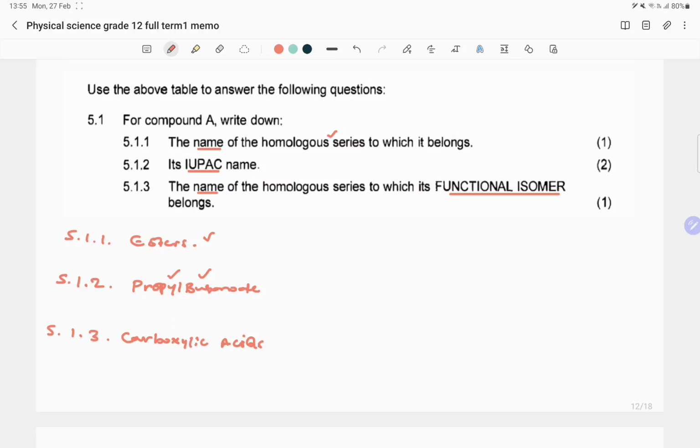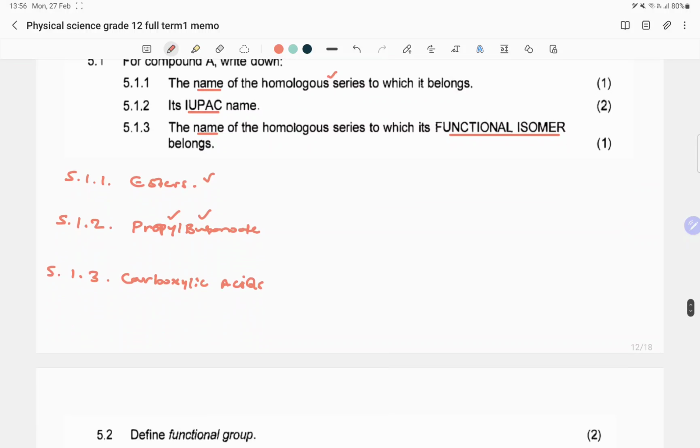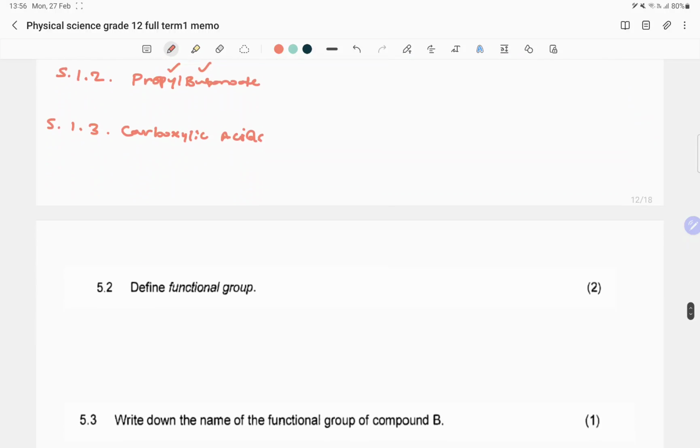All right, because if you're taking a molecule of the same molecular mass in the carboxylic acids, it will exactly be the same molecular mass as would be the counterpart in the esters. So those are isomers of each other, functional in the sense that they belong to different homologous series.